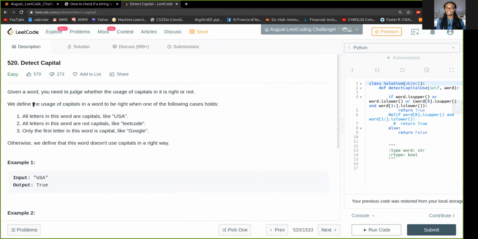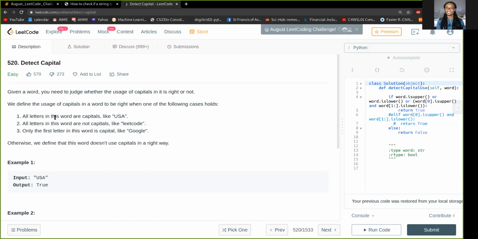So the question is that we should detect capital. Given a word, you need to judge whether the usage of capitals in it is right or not. They define the usage of capitals in a word to be right when one of the following cases hold.